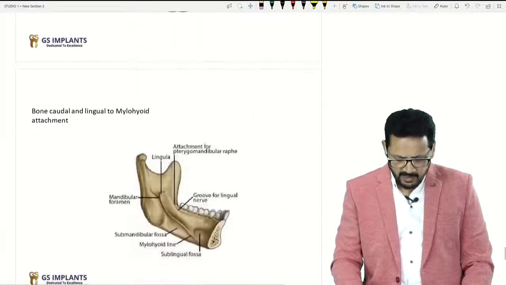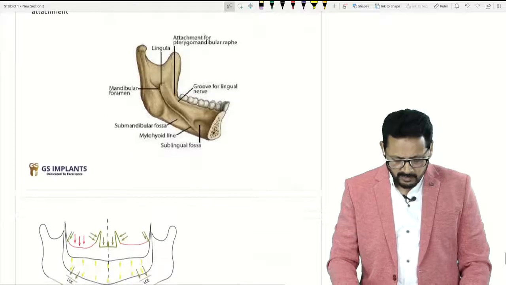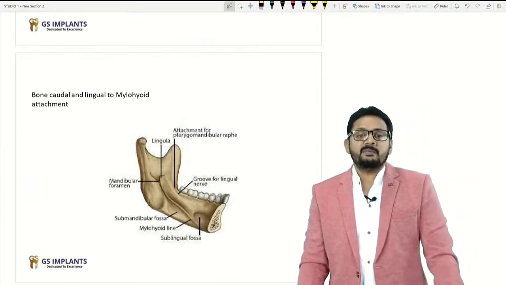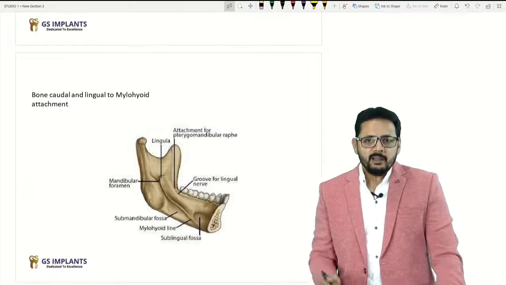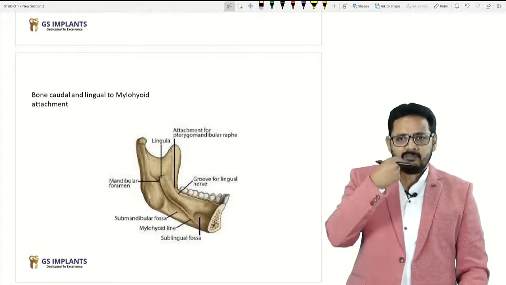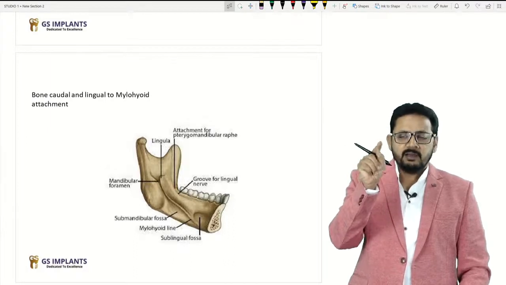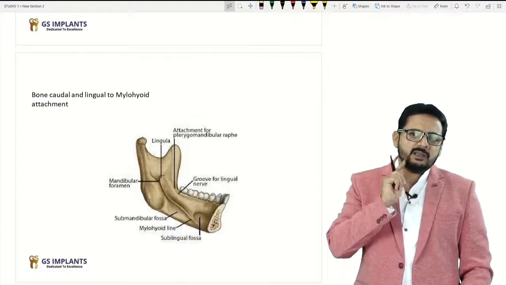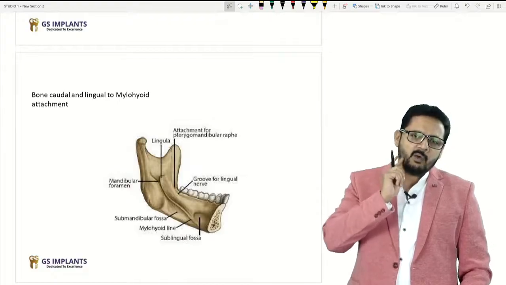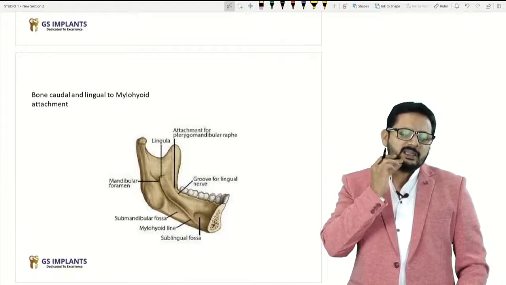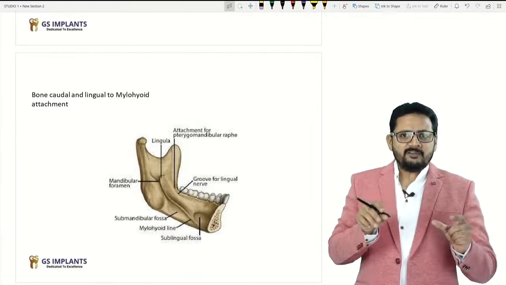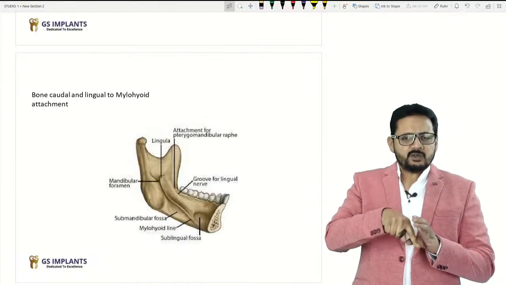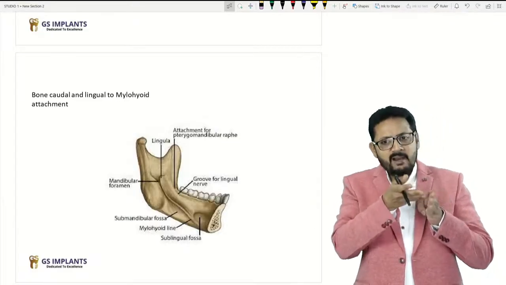And when it comes to the lingual aspect, bone caudal to the mylohyoid line, right? Bone caudal and lingual to the mylohyoid attachment. Okay? Now you all know the mylohyoid ridge, right? Even if you put your finger, you can actually feel it. Just like we make sure our implant is below the external oblique ridge, in the same way on the lingual aspect, your implant should always engage below the mylohyoid line.